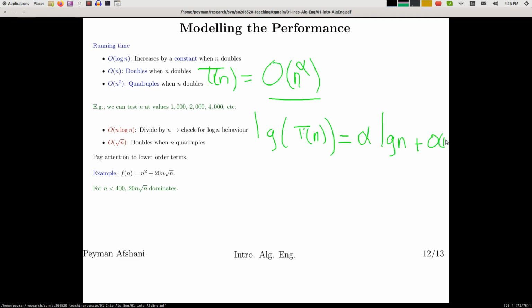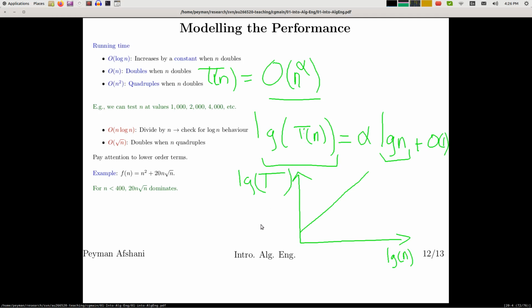Okay, so this is basically how it will look. So therefore, if you plot both axes on a log scale, so this is the x-axis and this is the y-axis, then you should see a linear relationship because y equals alpha times x plus the constant. So it should look something like this, where this axis is log n and this axis is the log of the time that you observe. Okay.